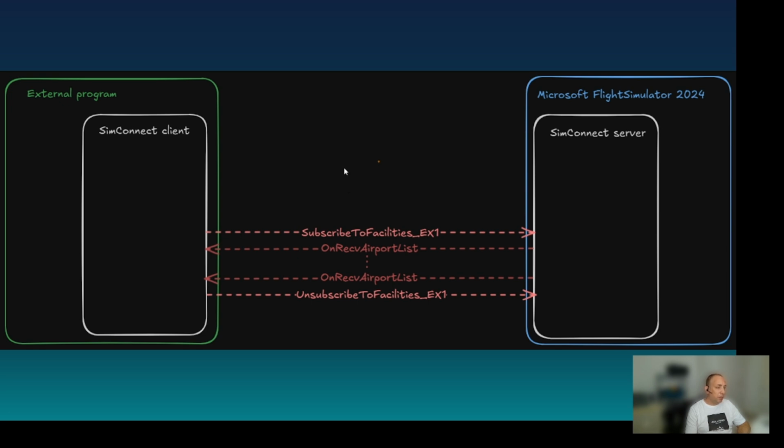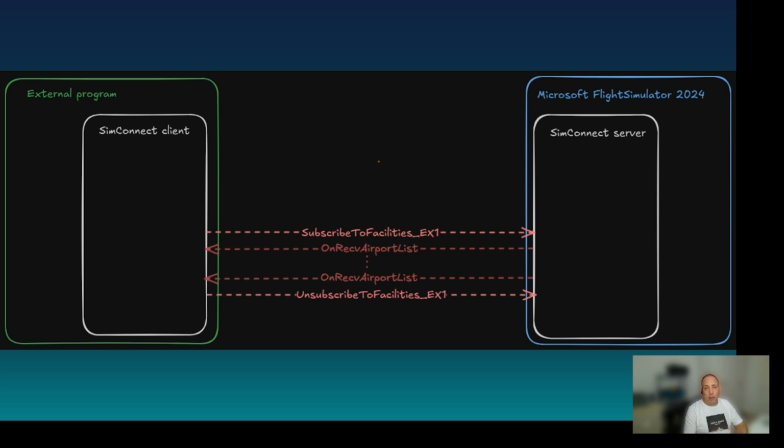The first thing you want to do when working with this is think about scale and how many facilities you want to know about. In our use case, we want to know about all the facilities in a certain area, because we don't know what airport our user is going to fly to, and it's important for our use case.